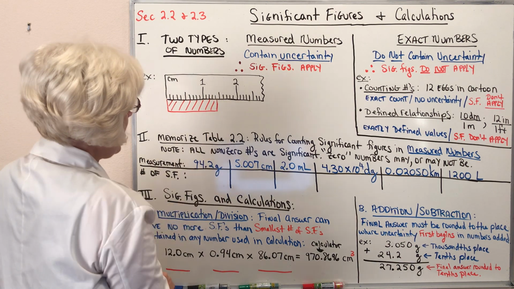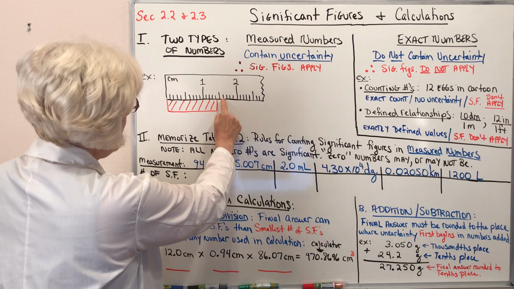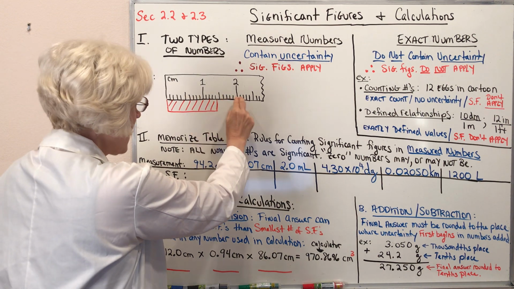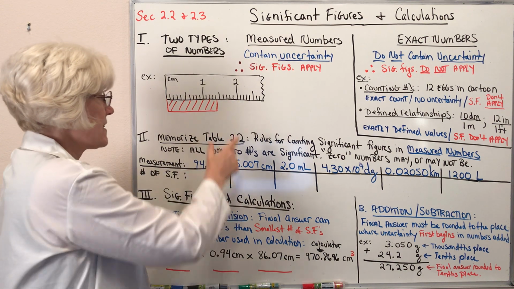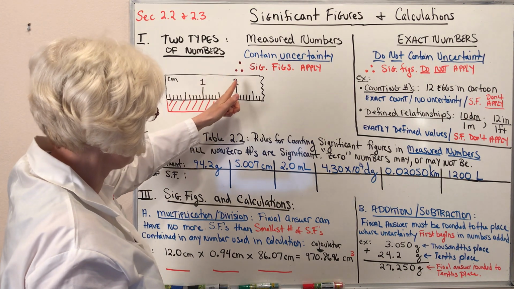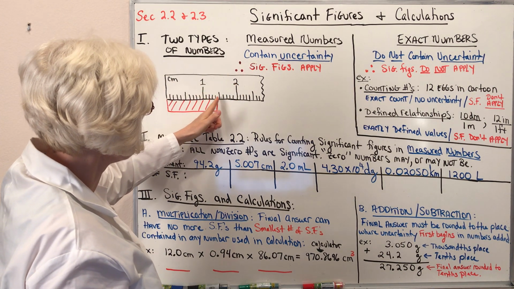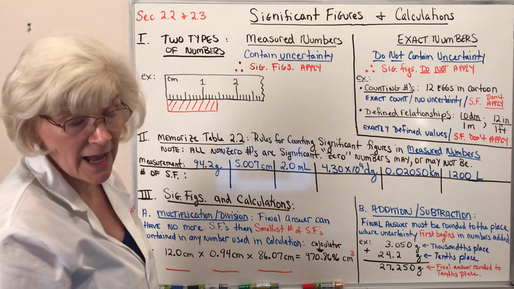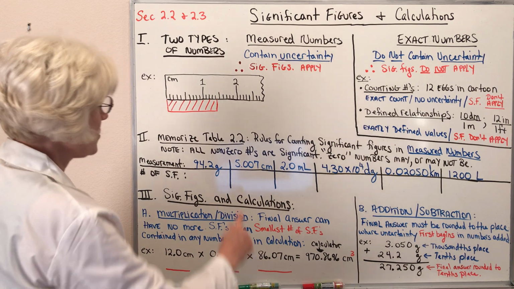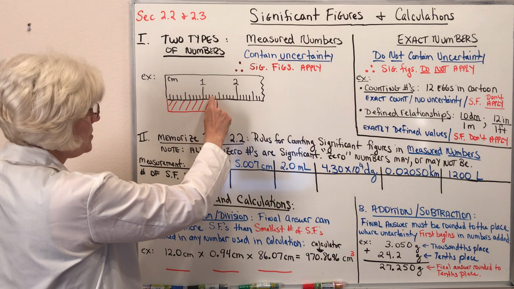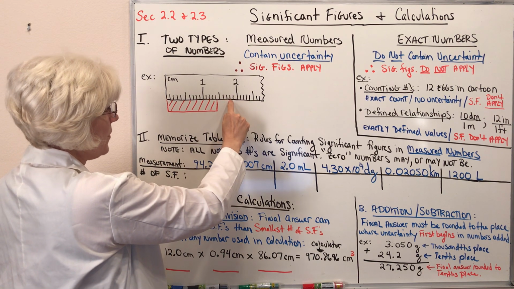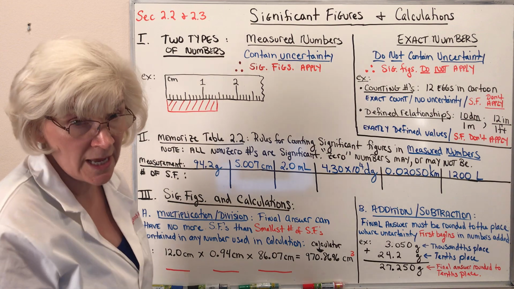So right here, 1.5, and then continuing on, 6, 7, 8, 9, 10. So this is a 10-division separation between 1 centimeter and 2 centimeters. Each little line, 1 divided by 10, is a tenth of a centimeter. I'm just going to double check that: 1.1, 1.2, 1.3, 1.4, 1.5, 1.6, 1.7, 1.8, 1.9, 2 centimeters.